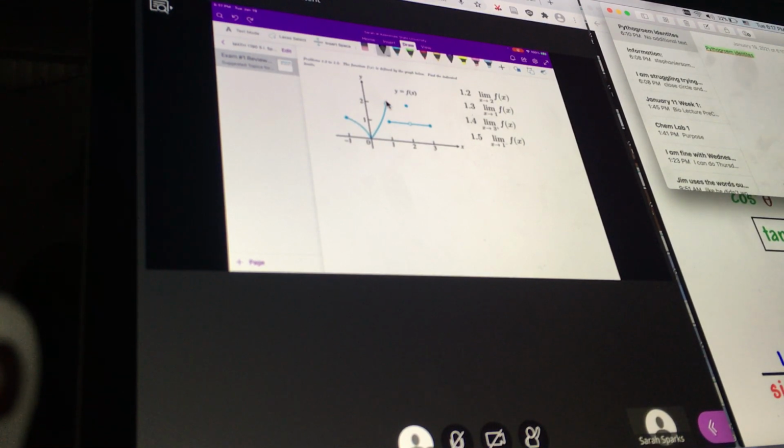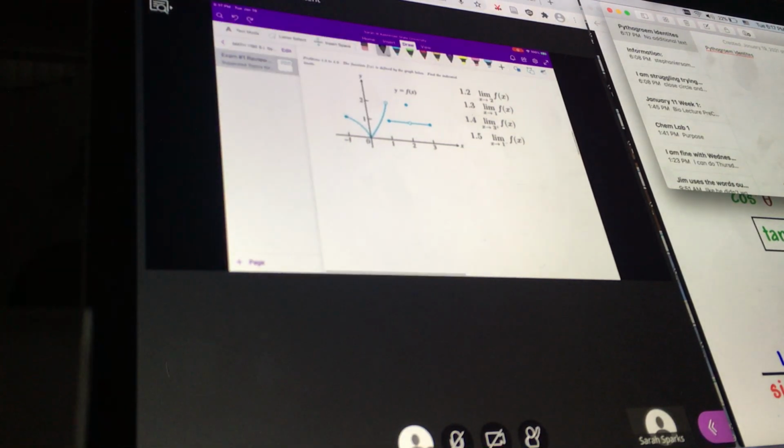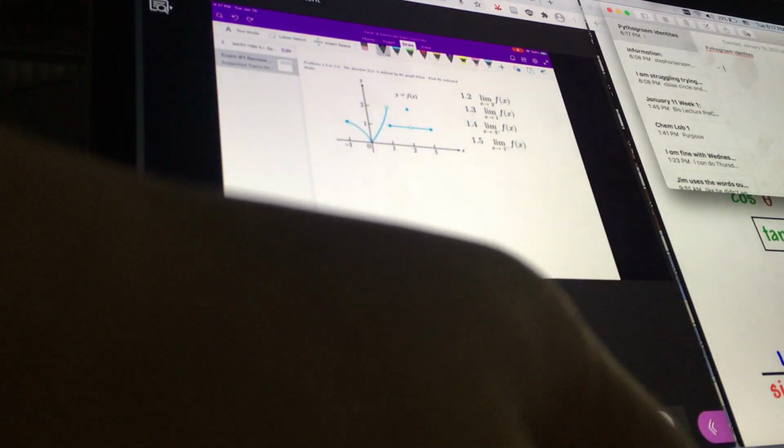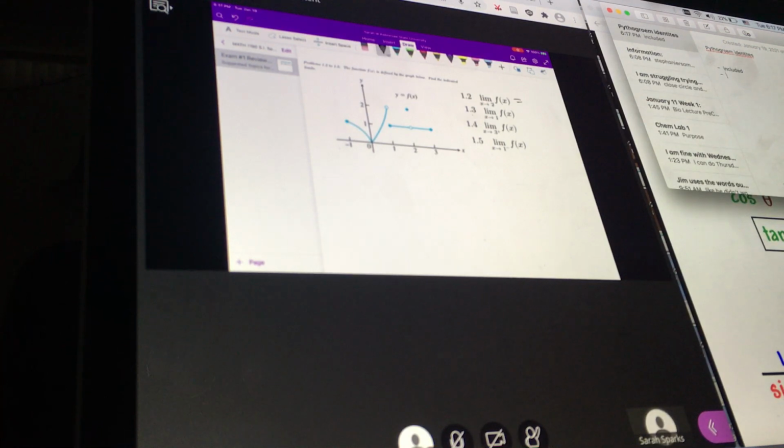A lot of these functions are a little tricky because they're trying to trick you a little bit. So for our first one, the limit as x goes to 2 for f of x, we see that 2 is right here. From the left side of the function, we see it's going towards 1, and the same thing from the right side of the function.